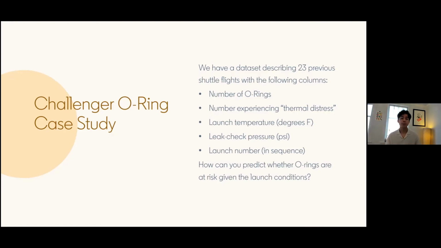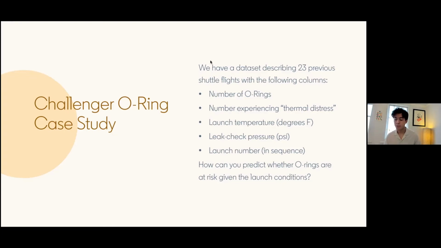So for the purposes of our interview, even though this isn't a LinkedIn specific example, we're really just interested in this case study as a prediction task, right? How would you be able to predict that any particular shuttle launch is at risk given data that we have about past shuttle launches?